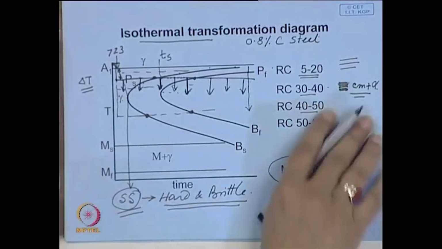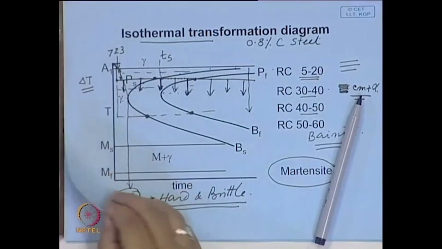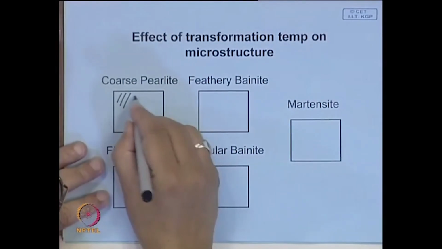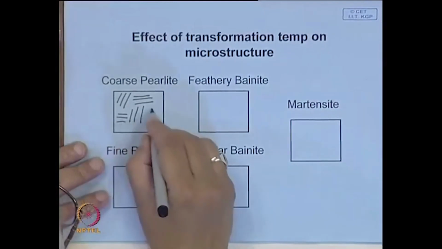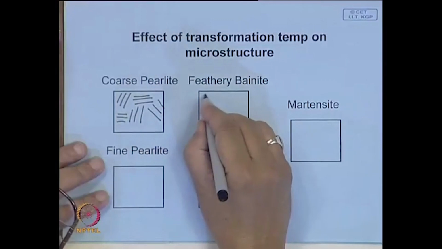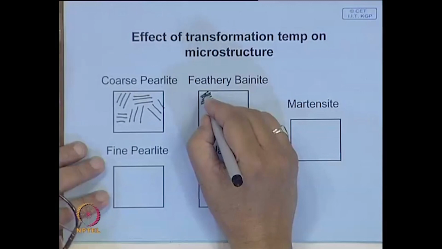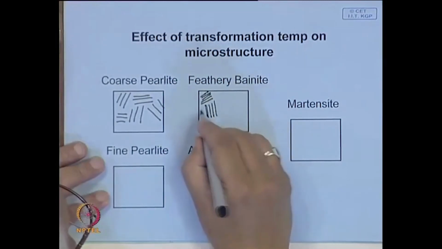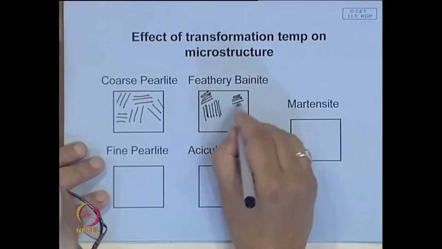And now, let us quickly see there are little differences in this. We have just seen coarse pearlite, these are pearlitic structure, coarse pearlite. In fine pearlite the cementite to cementite plate distance will be much smaller, something like this.